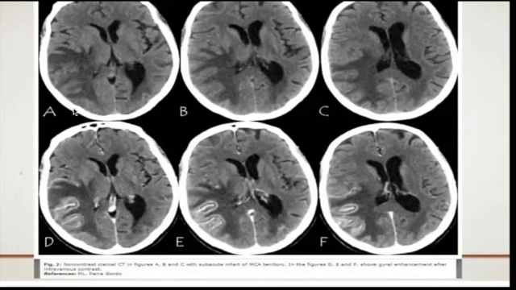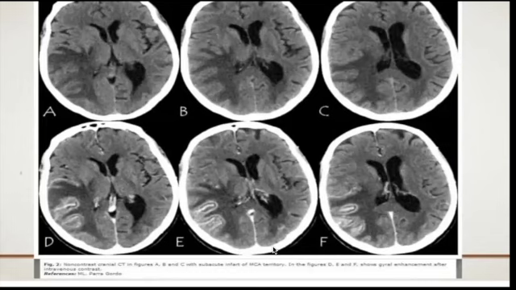Now, if we look at the images D, E, and F, it's the same patient. However, we gave them some contrast. The extra added benefit of the contrast is that now we're capable of visualizing the brain gyri, because you can see now that these white lines are enabling us to see where the gyri are, and it's making the infarct much more visible, and it's easier for us to identify which anatomical part is affected on this patient.